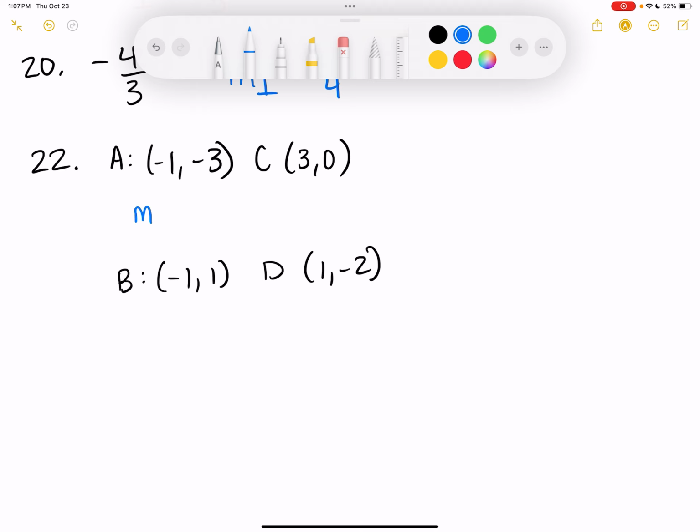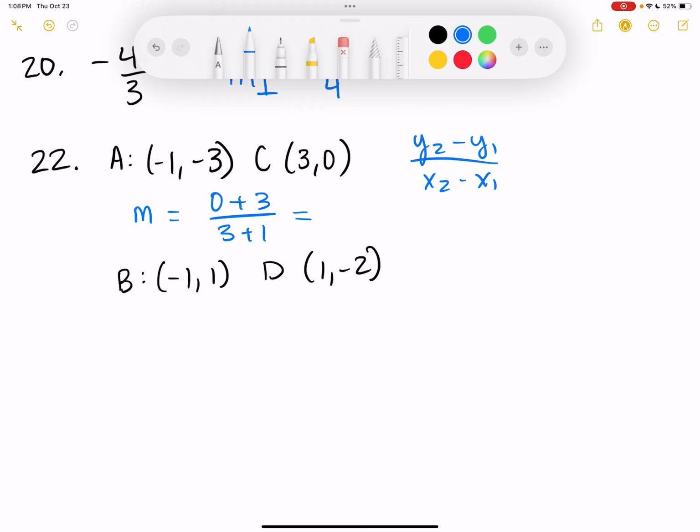So the slope of A and C, how would I set that up? 0 + 3 over 3 + 1. Yep. So we have y2 minus y1, which right here is a refresher, over x2 minus x1. And again, it doesn't matter which point is 2 and which one is 1 as long as you're consistent with your x's and your y's.